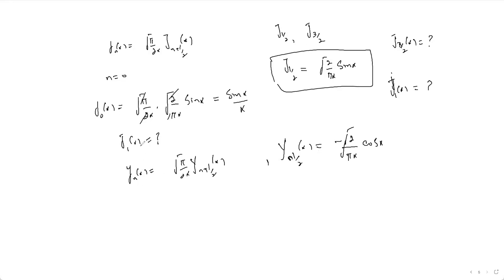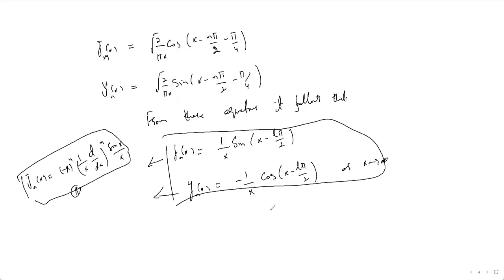So for n equal to 0, from this equation, this y0 of x will now be equal to under root pi by 2x. This is not actually what you have to conclude; I was supposed to conclude here.